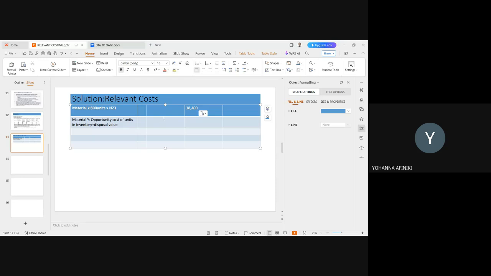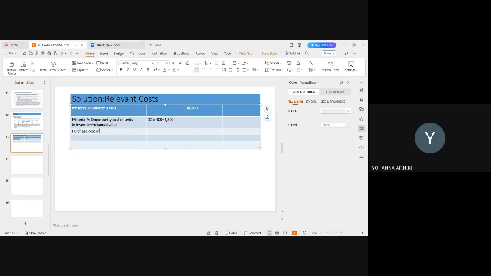The total value is 12 naira. So it's 12 multiplied by 400. You have what? 4,800.